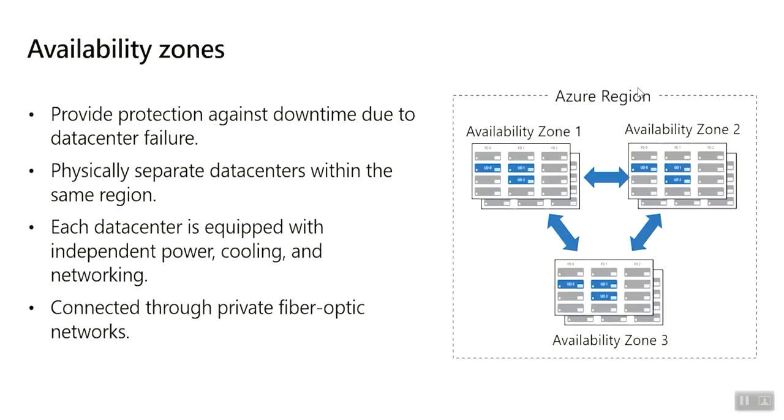And they're connected together with private fiber optic networks, so there's very low latency between them. So if one availability zone happened to go down in this example, availability zone 2 would be fine because it's independent. As a reminder, not all regions have the same availabilities. You want to make sure they have the architectural structure you need before deploying your resources.